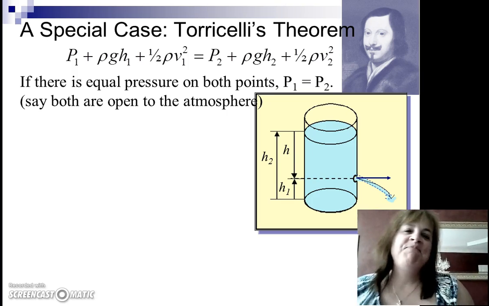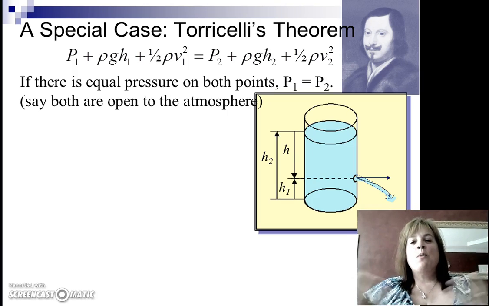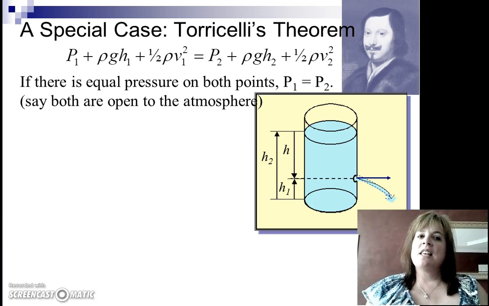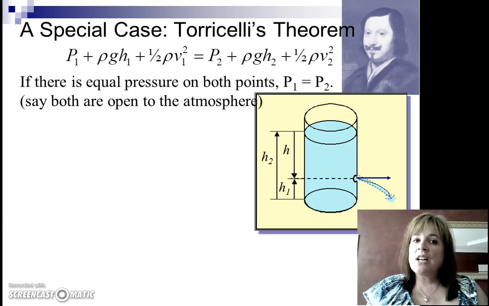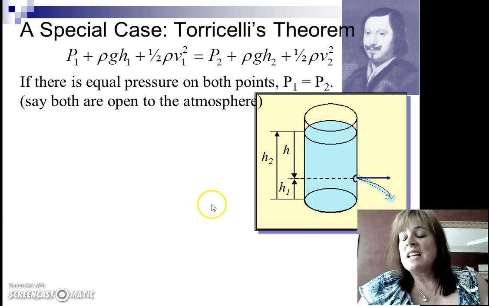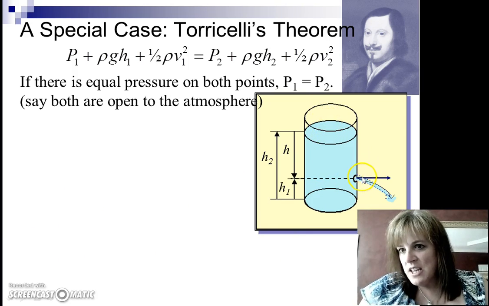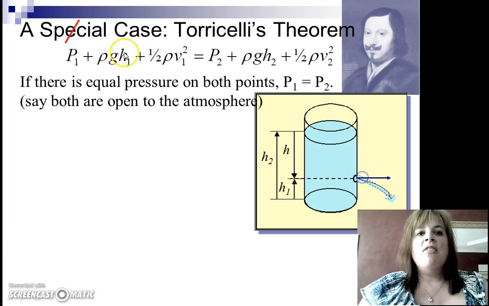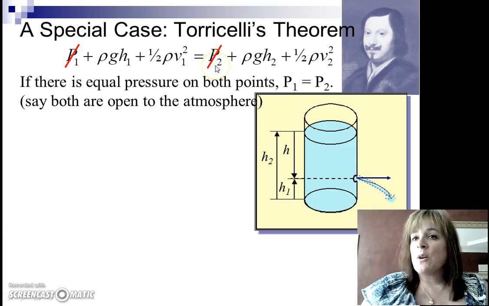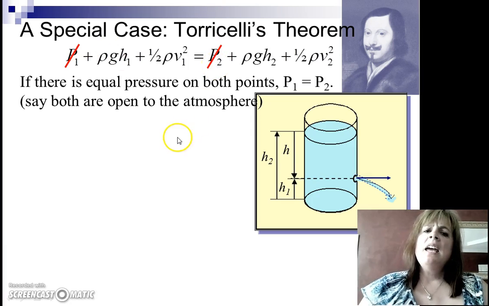Anyways, so what Torricelli found was that if there are equal pressures on something, say like a tank of fluid, right? If the pressure here is atmospheric pressure and the pressure here is atmospheric pressure, then that term cancels out of the Bernoulli equation.